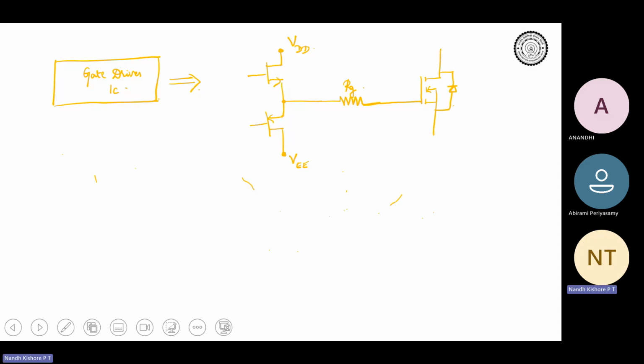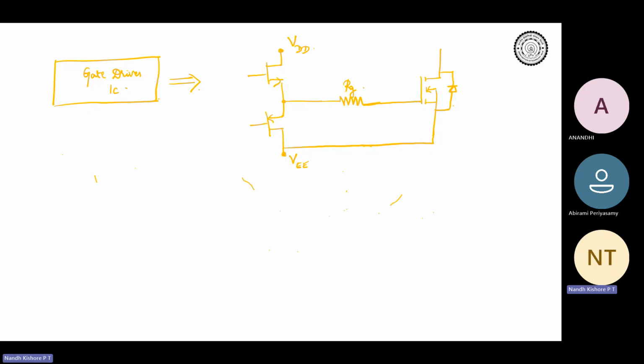And the return path will be something like this. Are you able to understand this till this point?